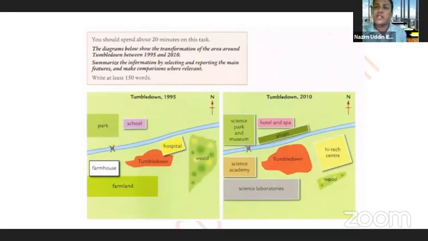Now I would like you to understand the question. This is about the diagram. The diagram below shows the transformation of the area around Tumble Down between 1995 and 2010.